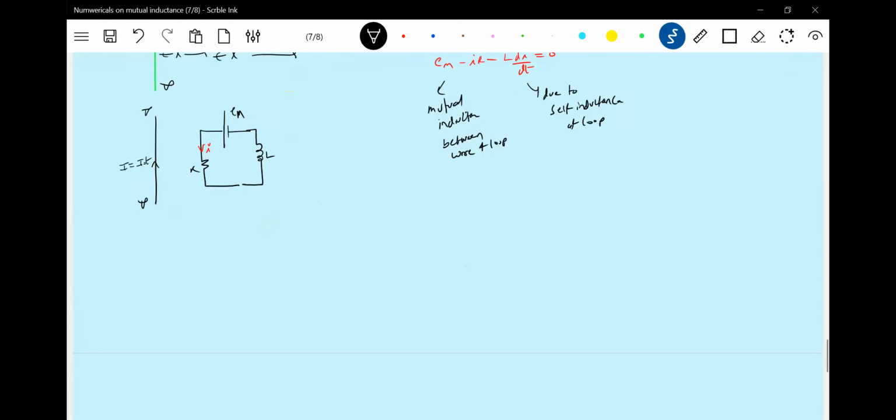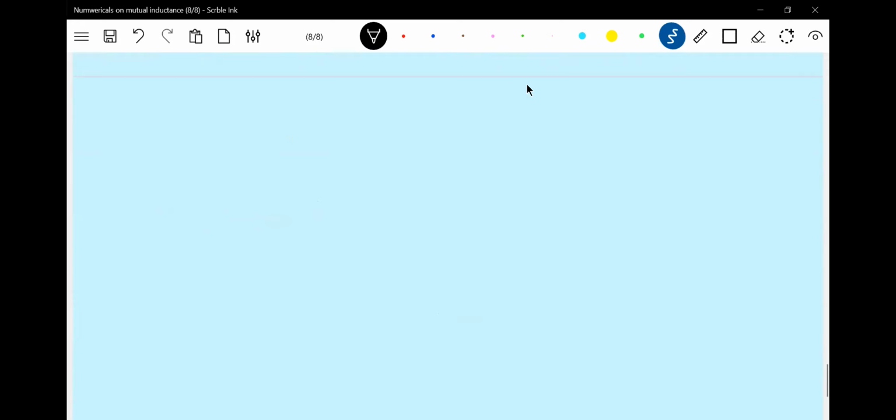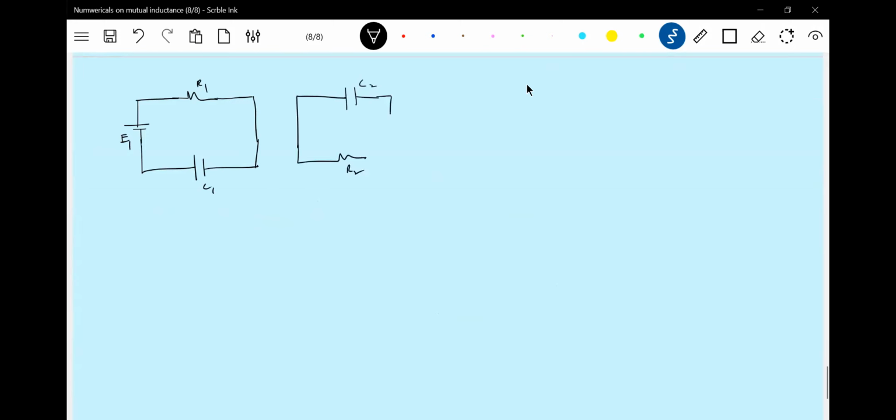Let me go for a still more generalized discussion. There are two loops. This one has a cell E1, resistor R1, and a capacitance C1. There's another loop with capacitor C2, resistor R2, and cell E2. I think this will be very interesting for you.